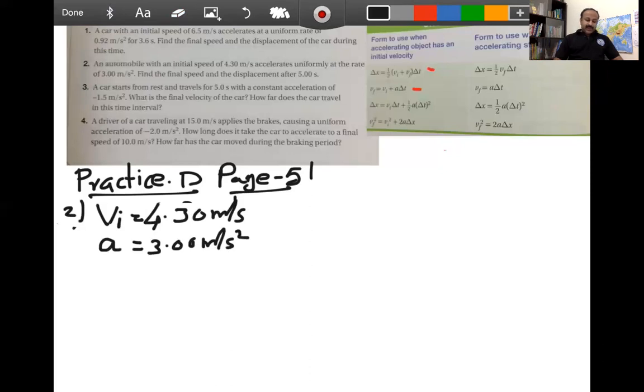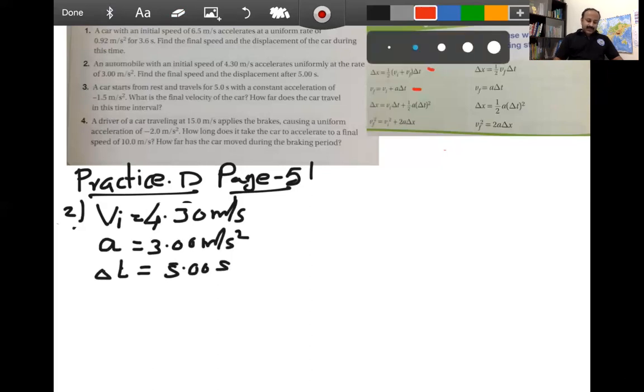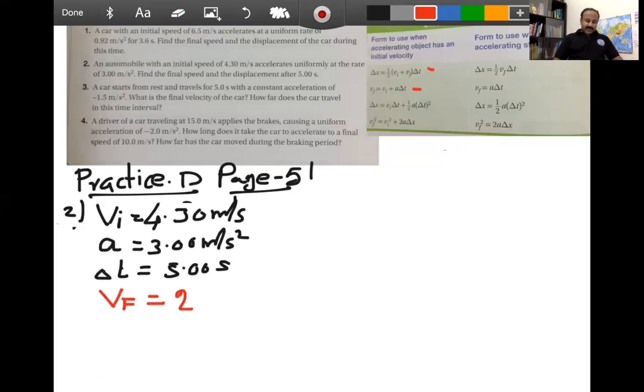Find the final speed and displacement after 5 seconds. So delta t is given, that is equal to 5 seconds. You're looking for what? You're looking for final speed Vf. Also, you're looking for delta x.